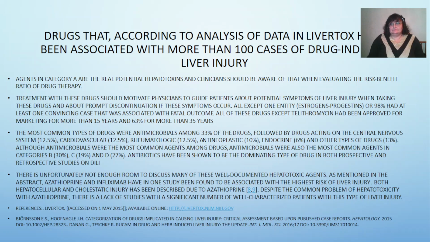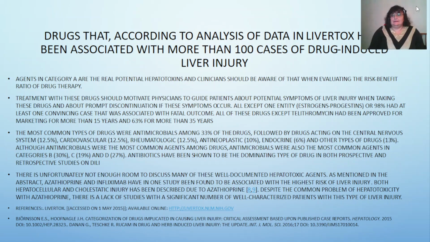And after that, drugs, according to analysis of data in this LiverTox database, are classified into A, B, C, D groups, and we'll talk about every group. Again, in category A, we will talk about category A now, as real potential hepatotoxins, and clinicians should be aware of that when evaluating the risk-benefit ratio of drug therapy.